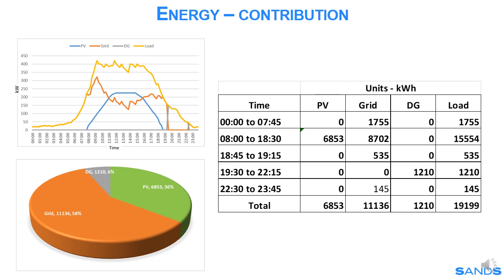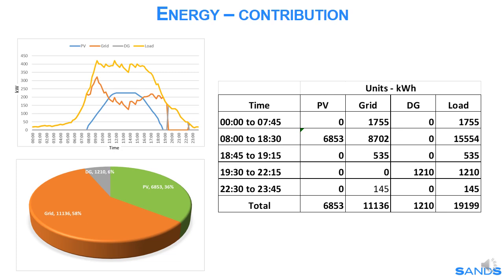The consumption pattern is tabulated here. For convenience and ease of understanding, we have divided the day into 5 time zones. It is seen that from midnight to 7:45 am, the grid provides 1755 units. From 8 am to 6:30 pm, both the PV and the grid provide a total of 15,554 units to the load.